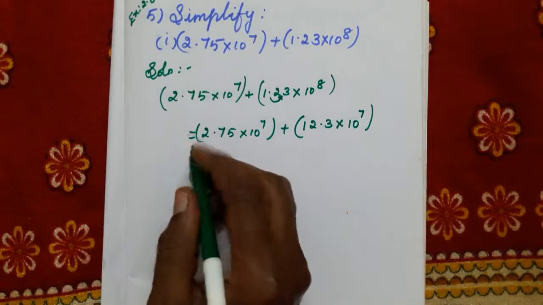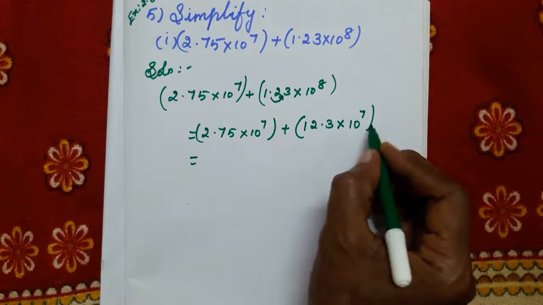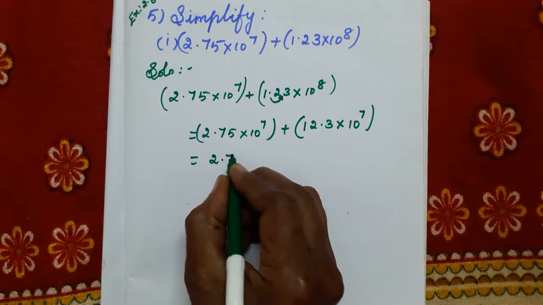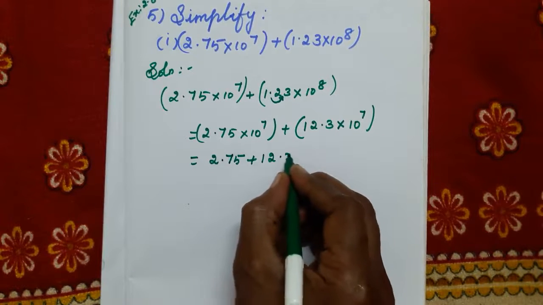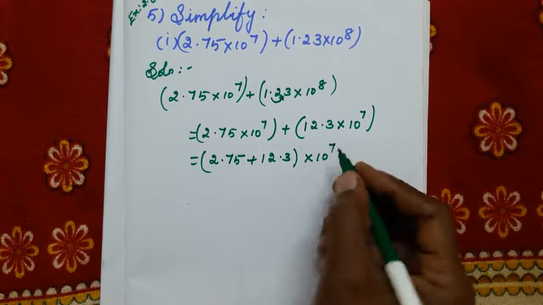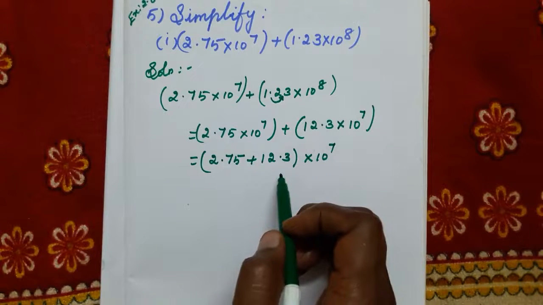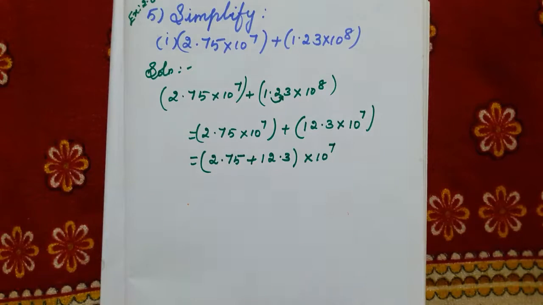Now we have to add this. Here also 10 power 7, here also 10 power 7, so we can add 2.75 plus 12.3 into 10 power 7. Have you all understood?